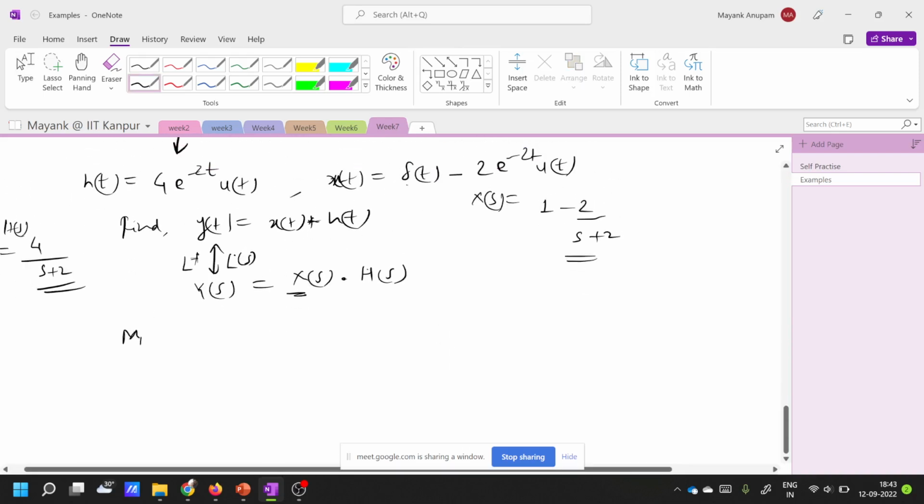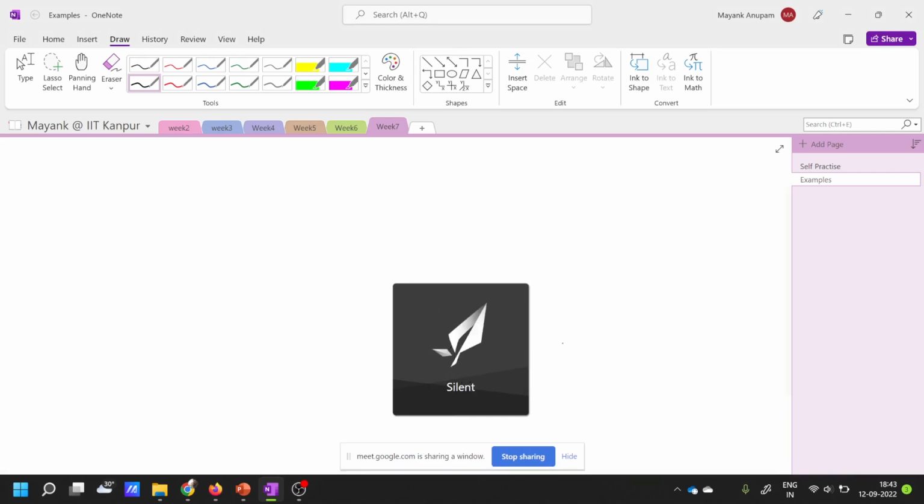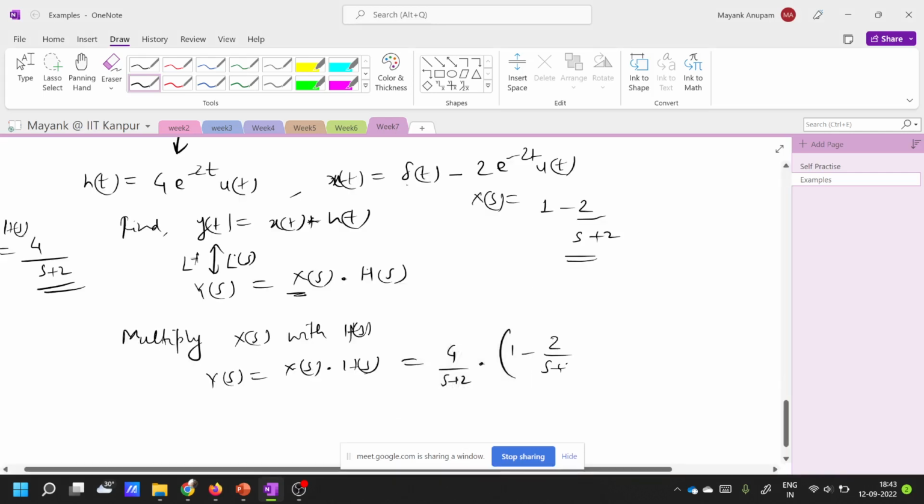Multiply x of s with h of s. Right. So you get what? Y of s is equal to x of s into h of s, which is equal to 4 by s plus 2 into 1 minus 2 by s plus 2.